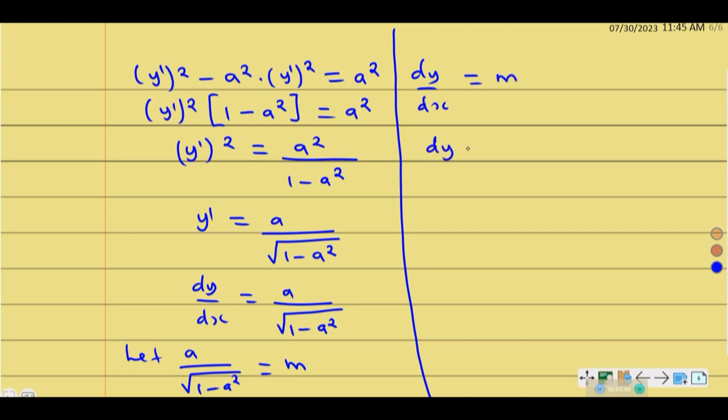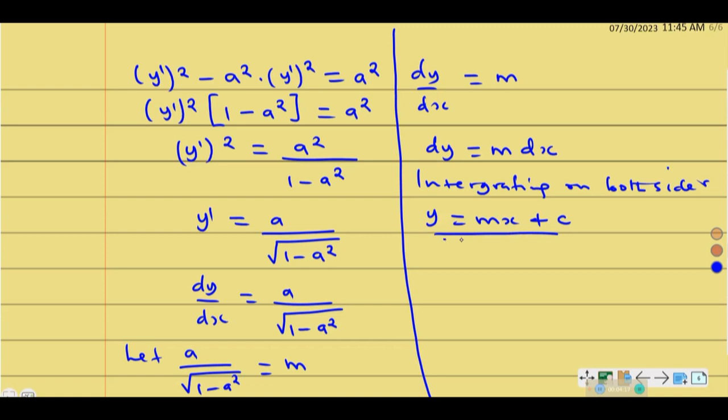In other words, we can say dy is the same as m dx. So on integration, integrating on both sides, we shall obtain y equal to mx plus a given constant of integration, for example c.